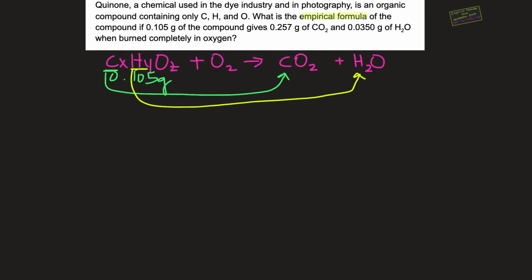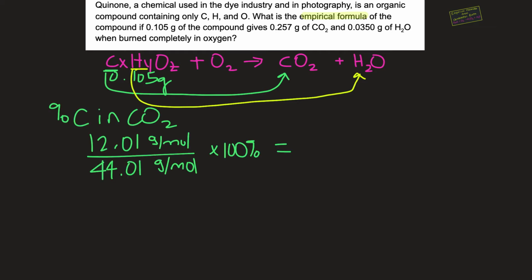You can't say a similar thing for your oxygen because you have oxygen coming in from the air, so that's not going to be that helpful right now. We're going to go for our green route here, figuring out the mass of carbon in carbon dioxide, because that's going to be the mass of carbon in our quinone.